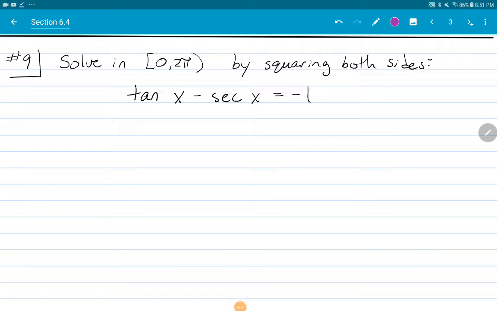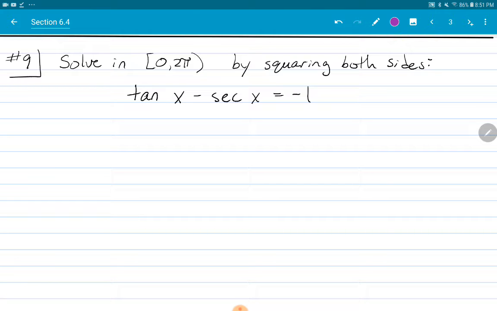In section 6.4, number 9, we were directed to solve this equation in 0 to 2 pi by squaring both sides is our hint. I'm looking at this though, and if I square it as it is, then I'm going to get a complicated expression on the left with tan and secant in the same term.